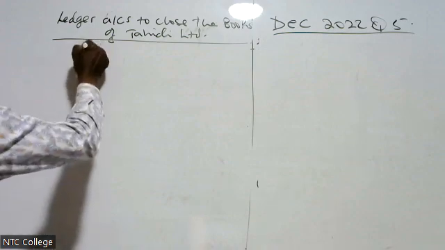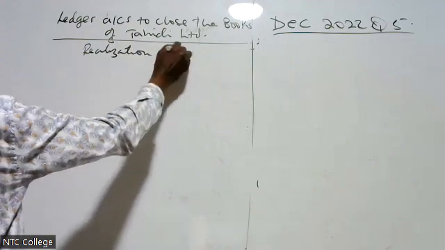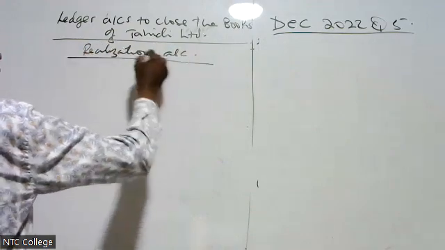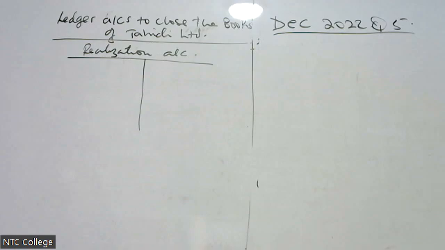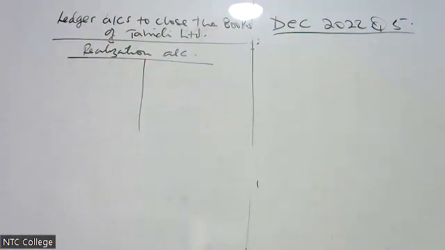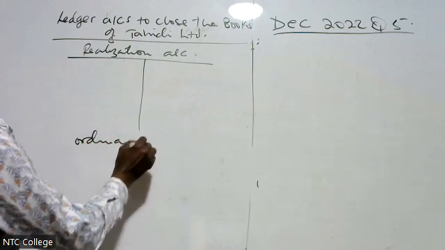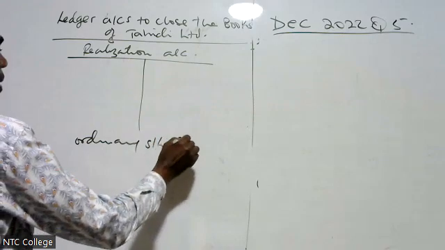Number one is the realization account. This realization account, you can give it like 8 lines going down. Then we have ordinary shareholder, sundry members.